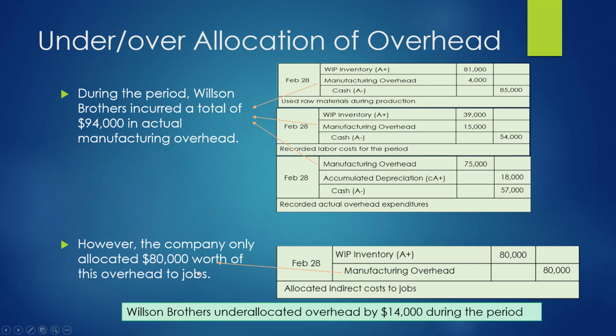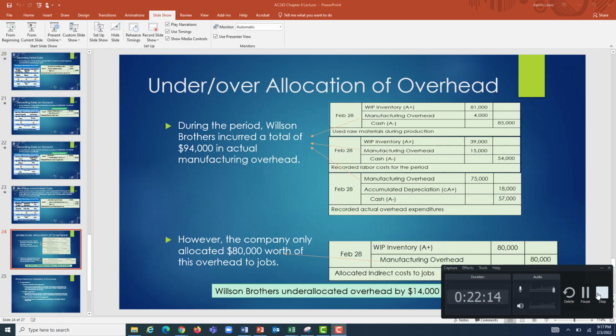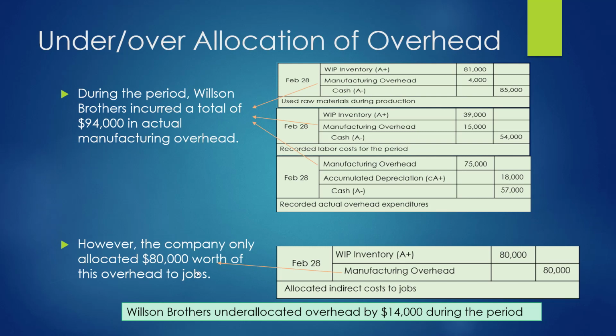In this case, all of this inventory that's been flowing through our inventory accounts from raw materials into WIP, into finished goods, and eventually into COGS has been doing so at a cost below what it should have been because we underallocated or guessed too low on our overhead by $14,000. Happens every period. Now what we need to do is we need to fix it, which I'm going to cover in the next video.